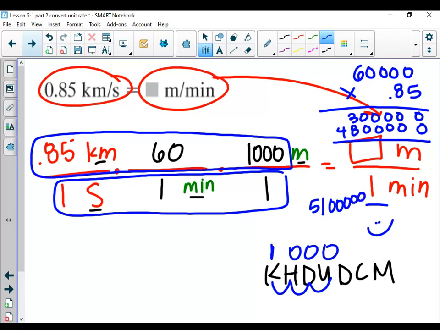How many decimal spots? 2. Whoa, that's a big one. That's a lot of meters.